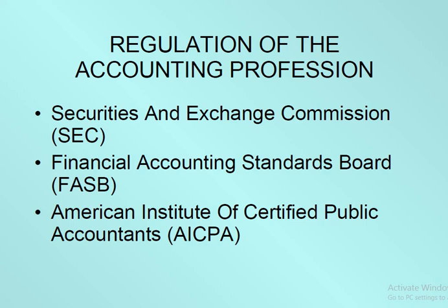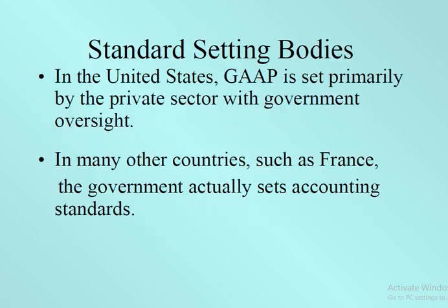They are also working in the establishment and strengthening of financial accounting rules. Standard setting bodies: in the United States, GAAP is set primarily by the private sector with government oversight, and in many other countries such as France, the government actually sets accounting standards, right?